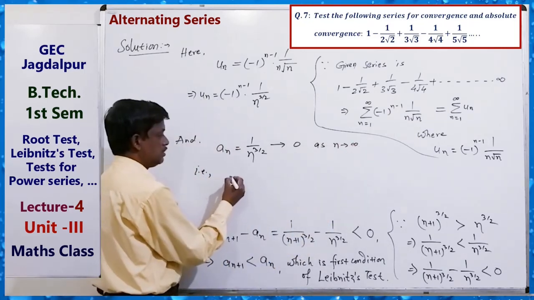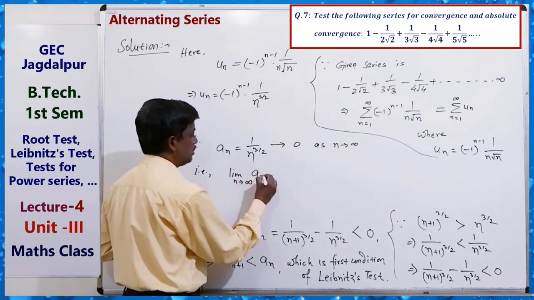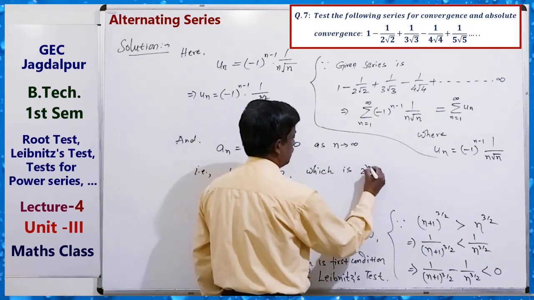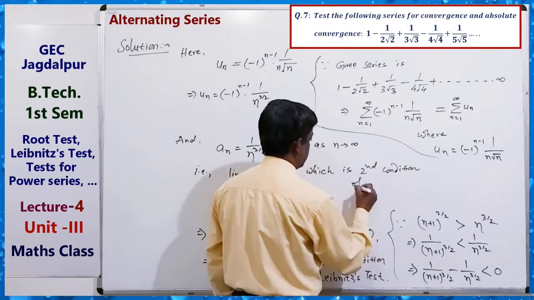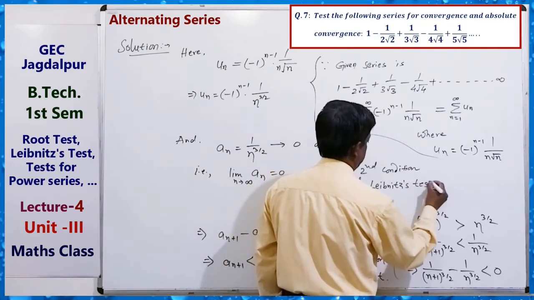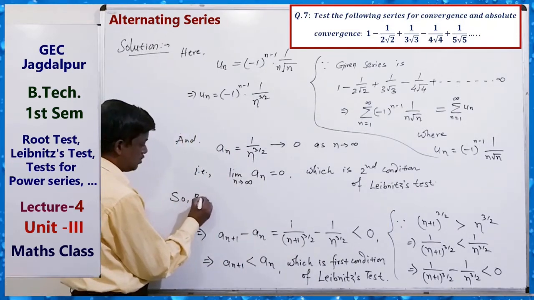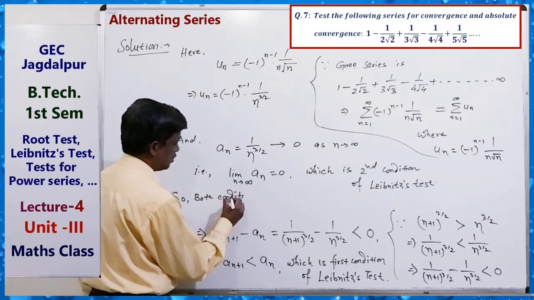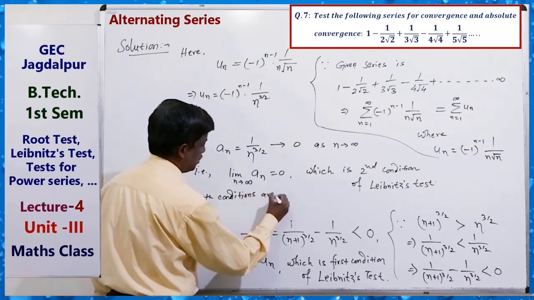That is, the limit of an as n tends to infinity equals 0, which is the second condition of the Leibniz test. So both conditions are satisfied.